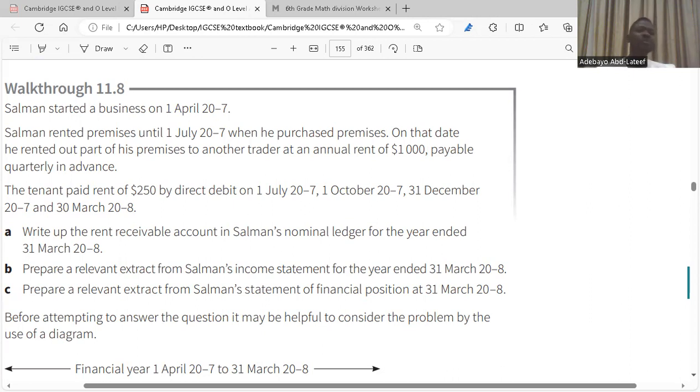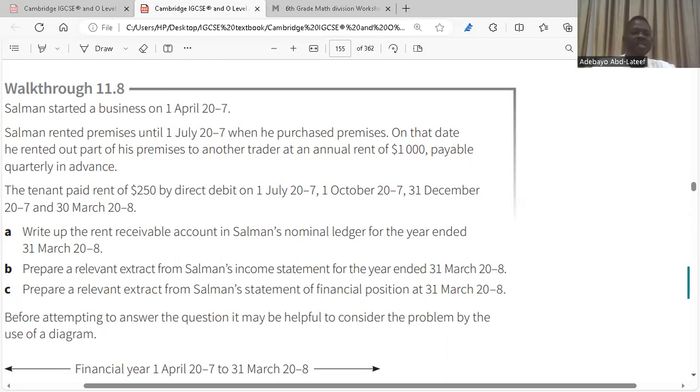Yes. Now, payable quarterly in advance. Payable quarterly in advance. So that means you pay in advance. That's prepaid. Yes. Prepaid rent. Did you get it? Yes. Quarterly. That's 1/4. Okay.